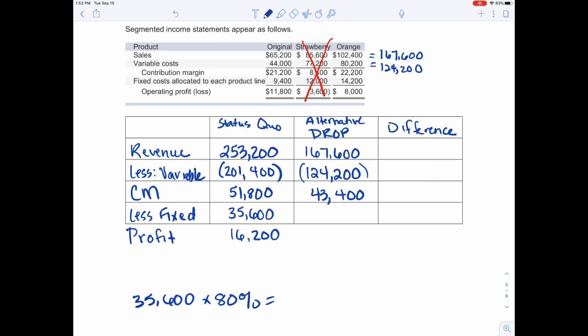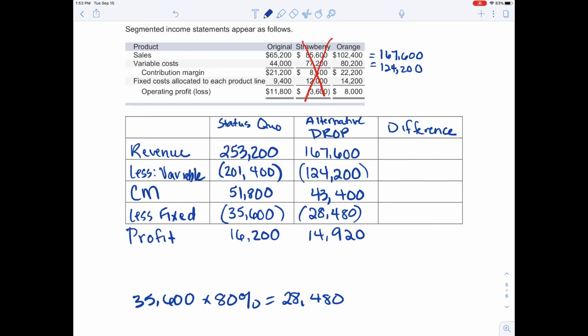So if I take 35,600 times that by 80%, I should get 28,480. So my fixed costs are going to be 28,480. And for some reason we need to put those brackets in here, which would give me an operating profit of 14,920.